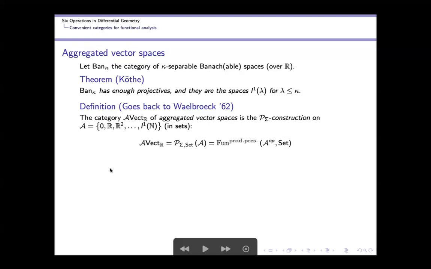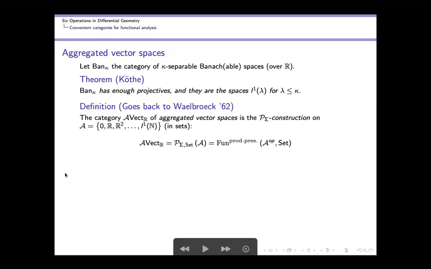In vector spaces, all the finite dimensional ones are projective and finitely generated, and so taking P sigma of this will give you back all the vector spaces. But now we have this extra object that controls all the functional analysis for us, which is L1 of the natural numbers, this projective Banach space.